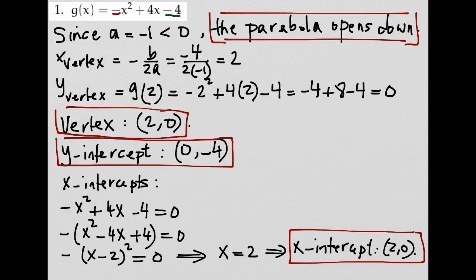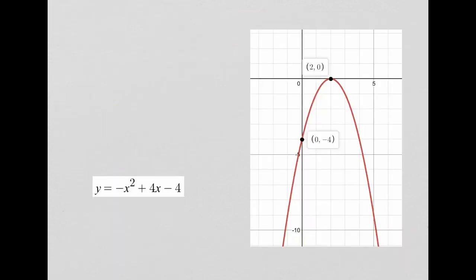Combining this information, we see that the graph looks like so. Notice (2, 0) is the x-intercept and the vertex of our parabola, which opens down, and the y-intercept is (0, -4).